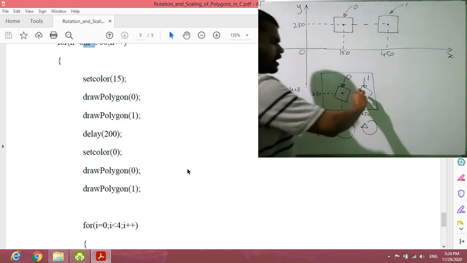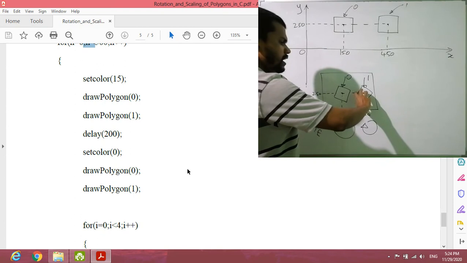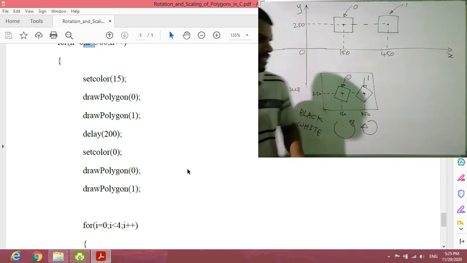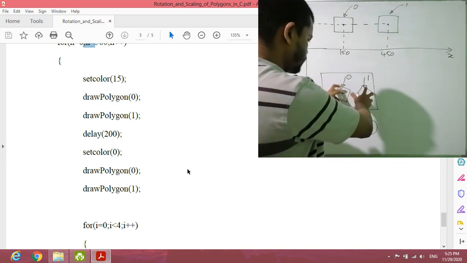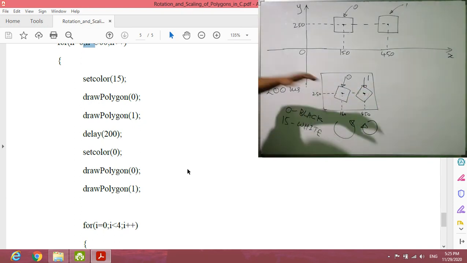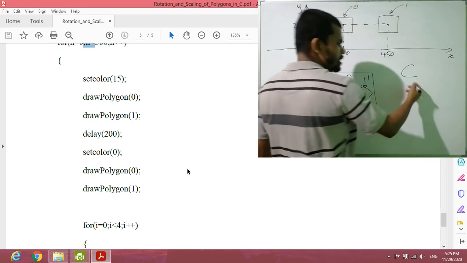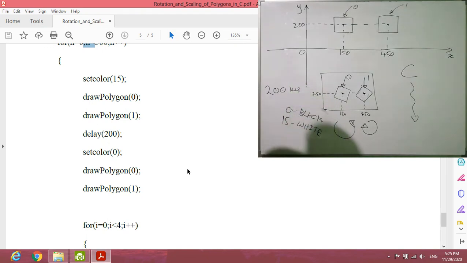This square is also rotating around this particular point, and while rotating, it will be enlarged. So you try to implement it in C or any other programming language you are familiar with, and try to get this particular output.